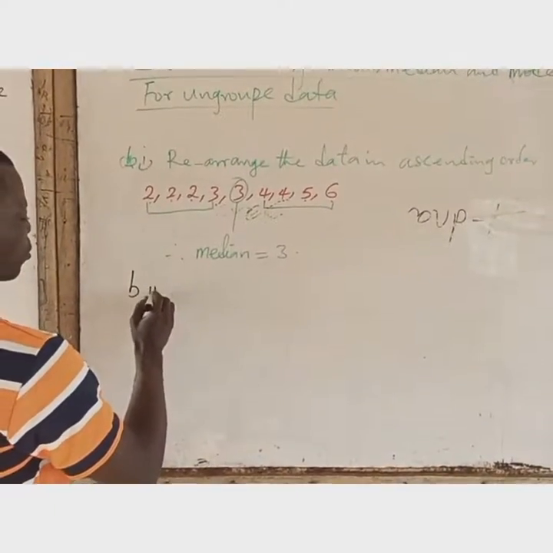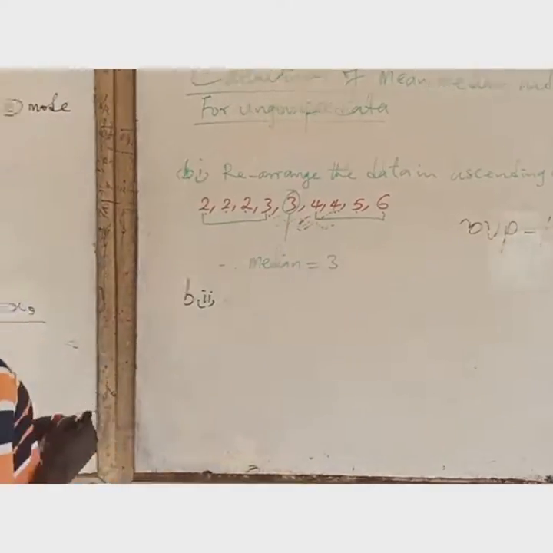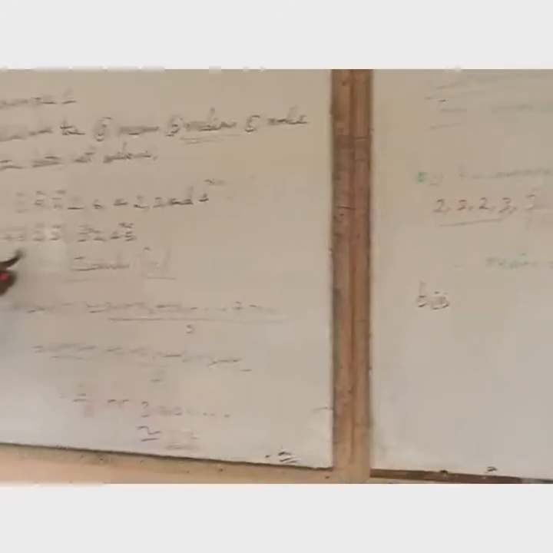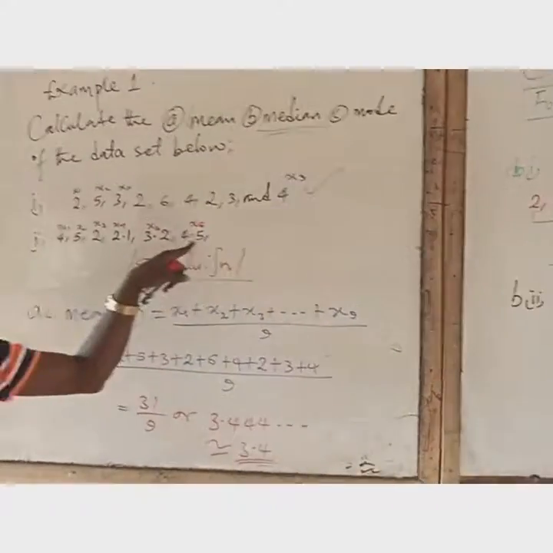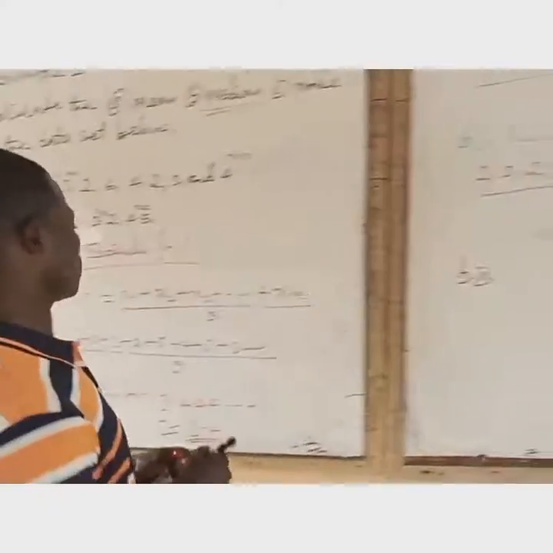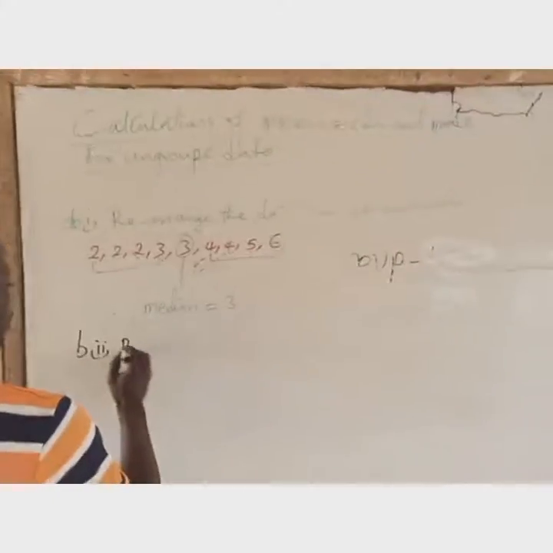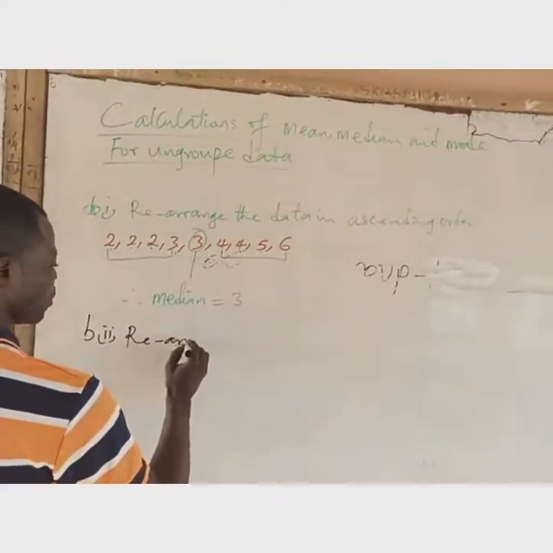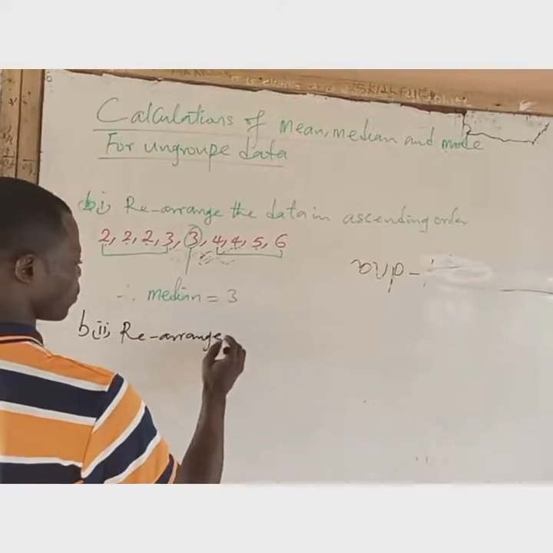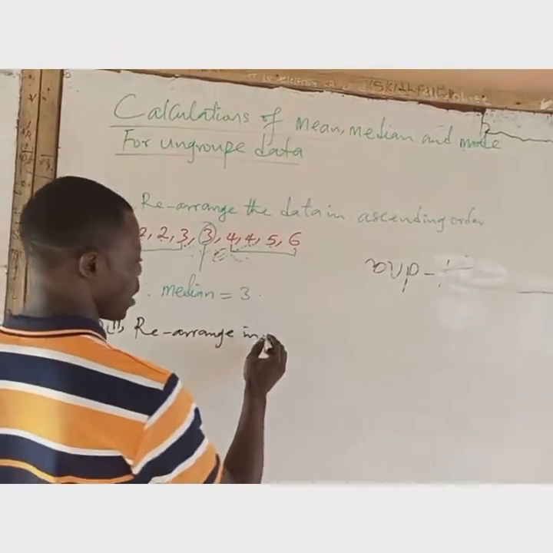B, Roman figure 2. Under this set of data, we are going to rearrange in ascending order as well.